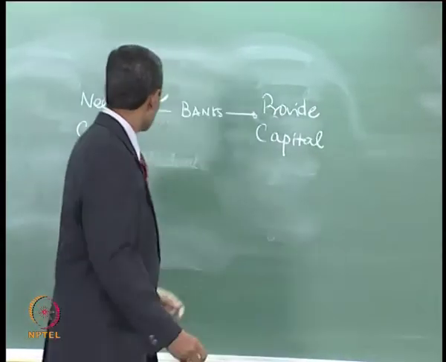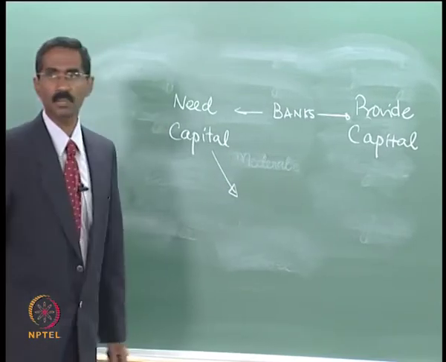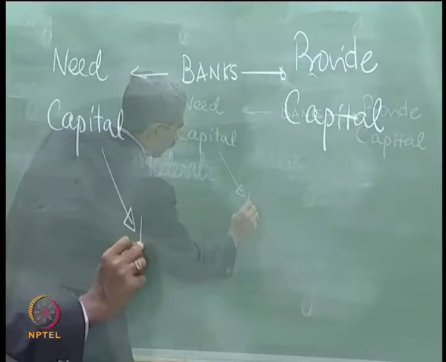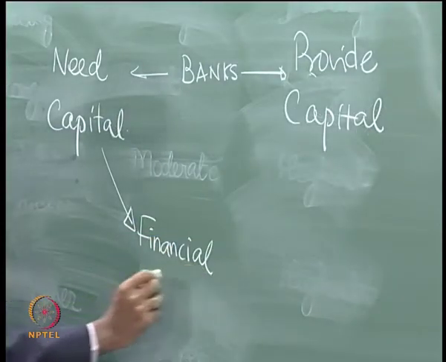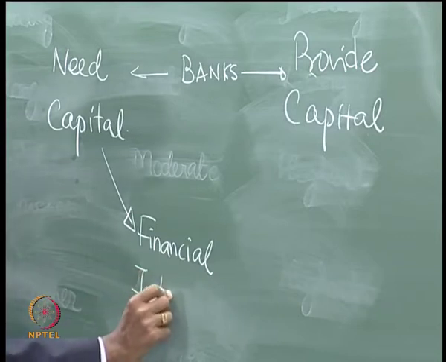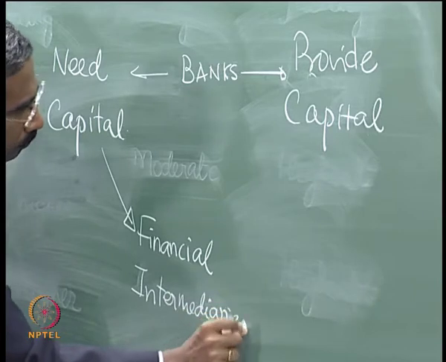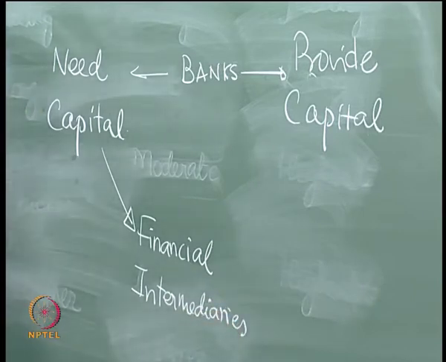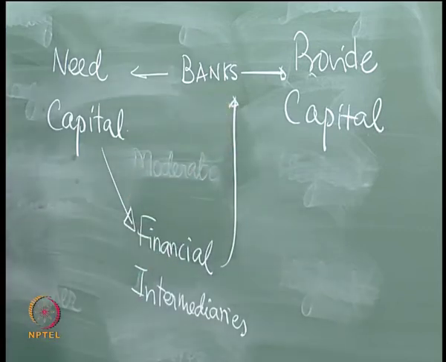Okay. So what you have in some cases is the borrowers can approach what are called financial intermediaries, such as your investment banks, and these financial intermediaries act as a link between the borrowers and the bank.